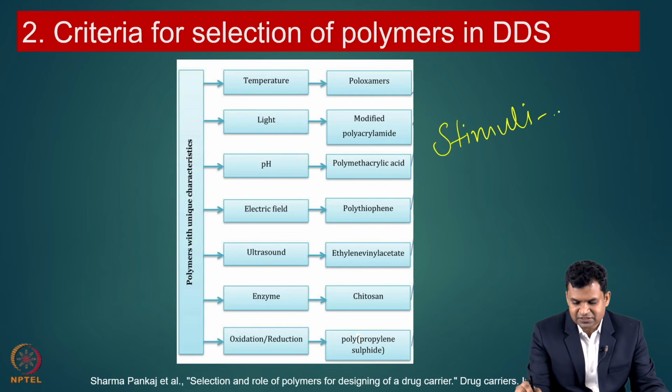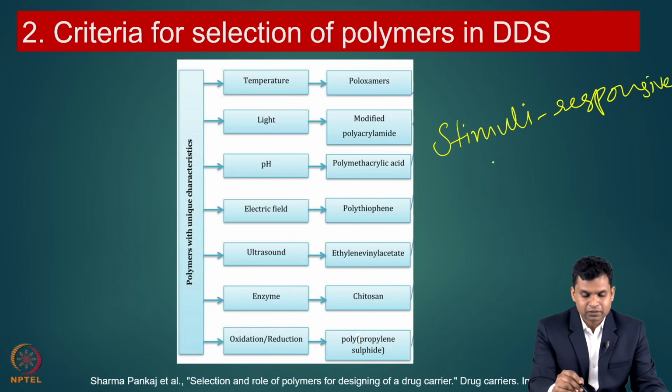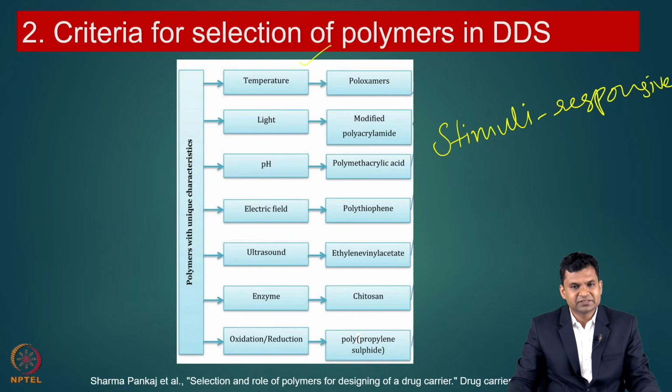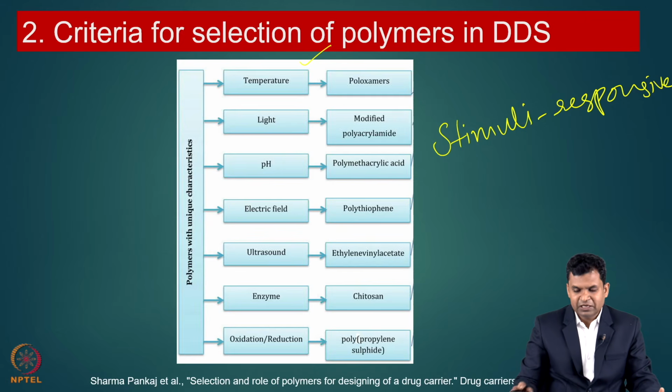Various stimuli are available, which are temperature, light, pH, electric field, ultrasound, enzyme, and oxidation and reduction, which can be classified into two ways.